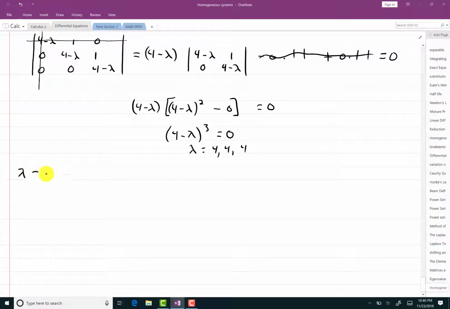So I'll put in my lambda equals 4 into this matrix. I will get 4 minus 4, 1, 0, 0, 4 minus 4, 1, 0, 0, 4 minus 4.